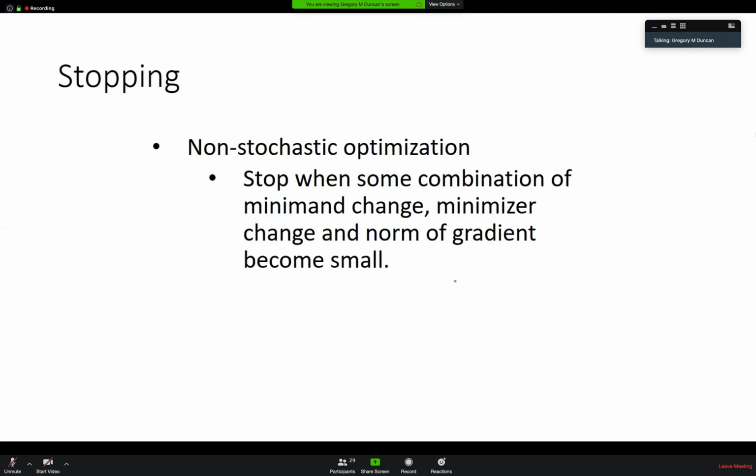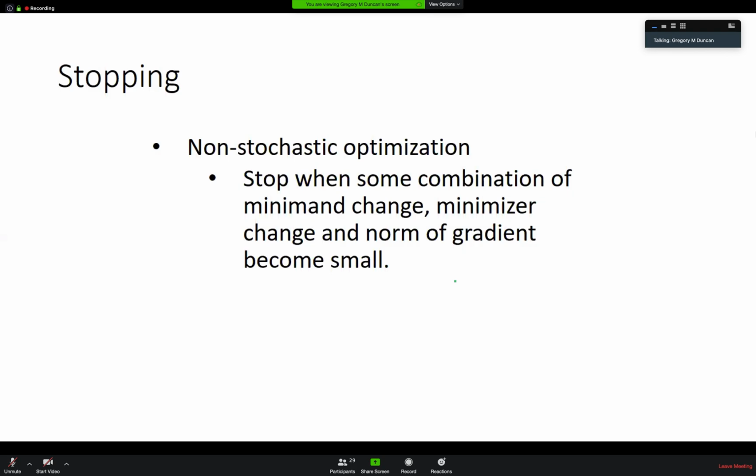The last thing we have to know how to do is stop. We're going to use primarily non-stochastic optimization. We're going to stop when some combination of the change in the minimum, the change in the minimizer, and the norm of the gradient becomes small. Sometimes you'll say, if theta hat isn't changing, then we're done.